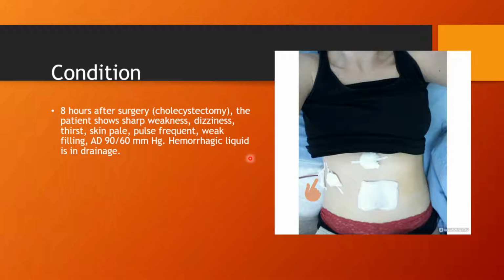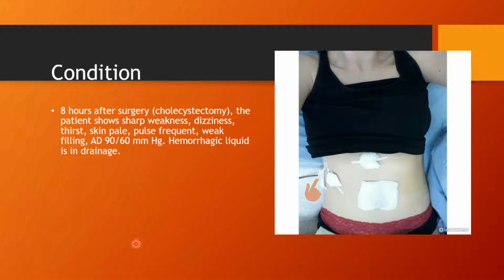The second case. Eight hours after surgery, cholecystectomy, the patient shows sharp weakness, dizziness, thirst, pale skin, frequent weak pulse, blood pressure 90/60, hemorrhagic liquid is in the drainage. Look, in this case you need to determine the complication and indicate the actions of the doctor.